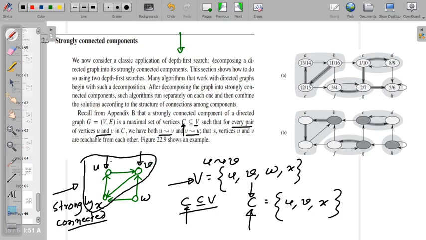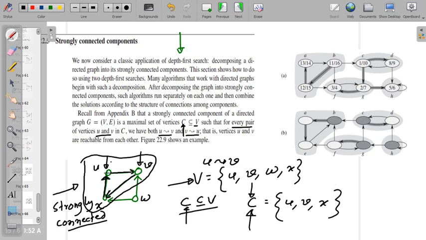This subgraph, consisting of vertices u, v, and x, is it strongly connected? Sir, there is a path from v to x, and from x we can go to u and then v. Sir, then will it not be considered strongly connected?